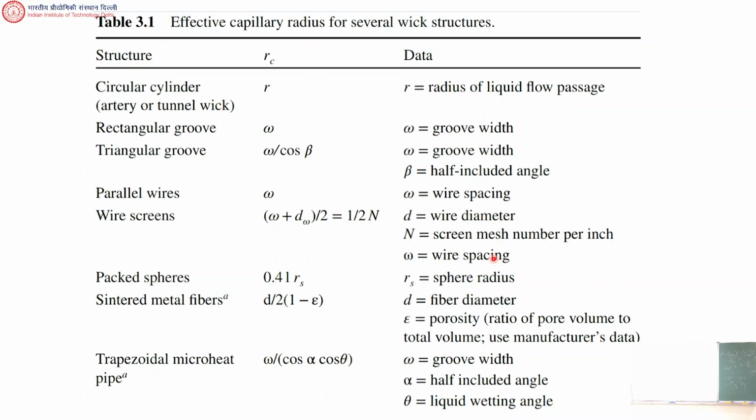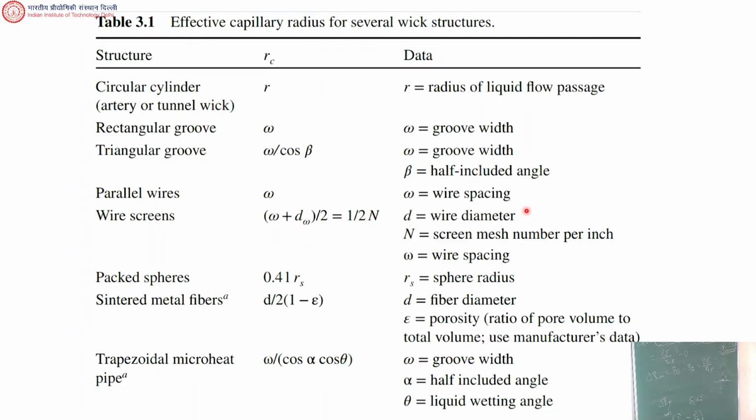That will come from the mesh geometry, and will be part of the information given in the problem. N is the screen mesh number per inch, how many screens you have per inch, and d is the wire diameter. So omega is the wire spacing, small d is the wire diameter. This sort of information will be given. Then you can calculate RC, and then this sort of thing can be utilized, right?